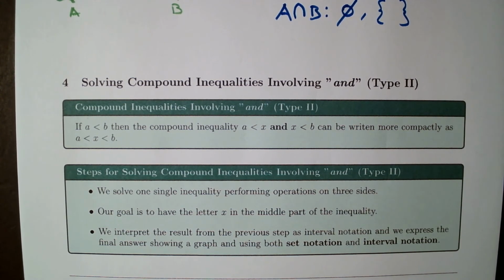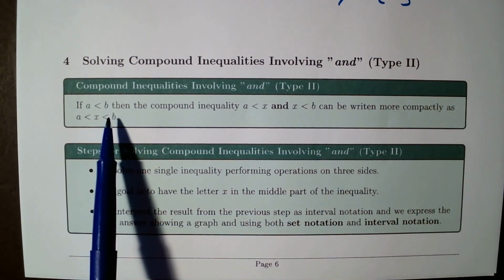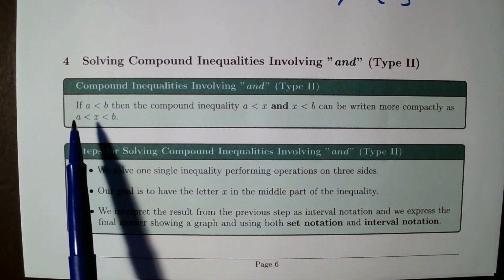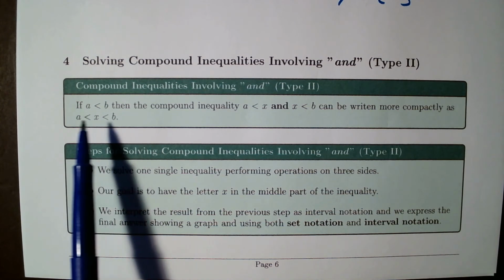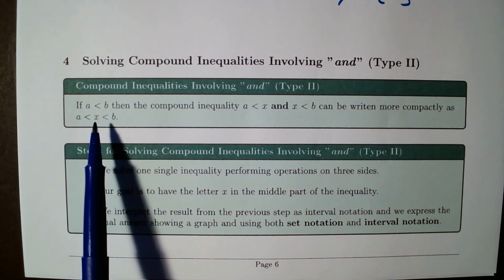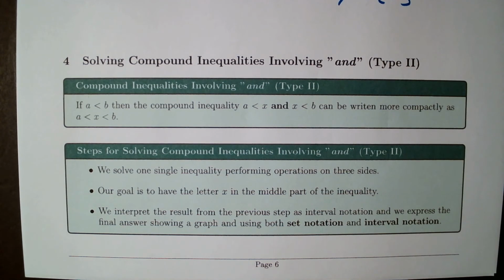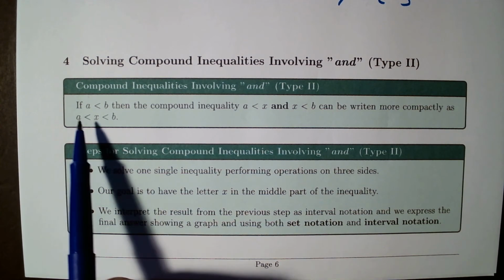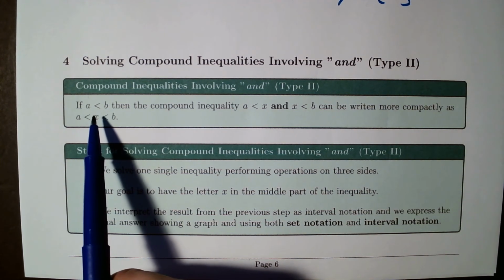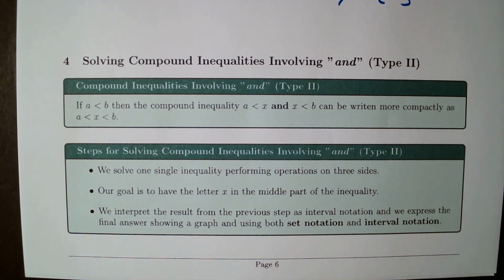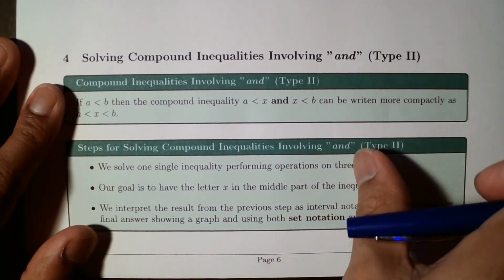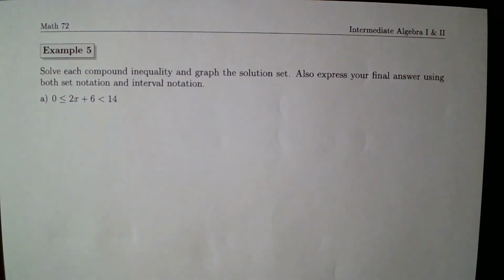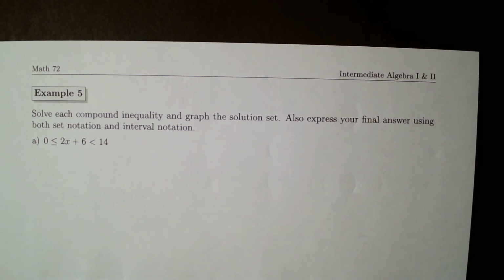They look like an inequality with three sides: the left hand side, the middle, and the right hand side. Our ultimate goal is to have x by itself in the very middle of the inequality. Let's do a couple of examples to see that in action.